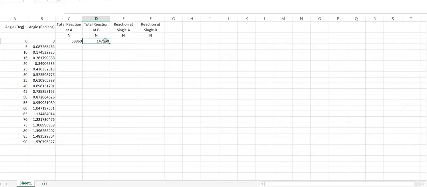Okay, and then we're going to just find the single reactions. So it's going to be equal this amount divided by 2 since there's 2 A outriggers, and then equals this divided by 2 since there's 2 B outriggers, and that should be our formulas.